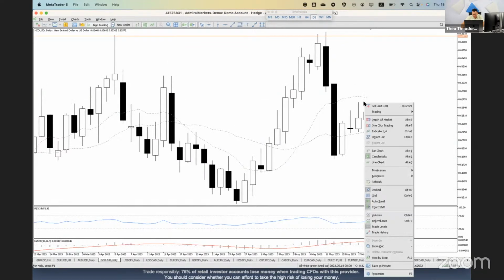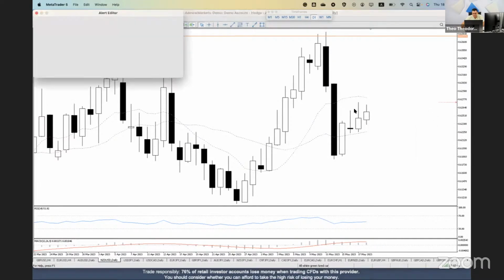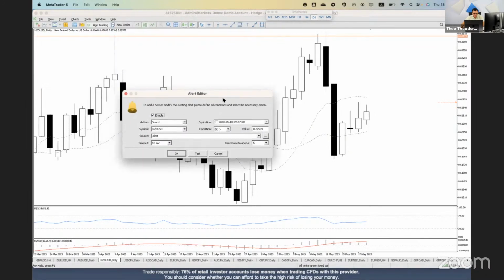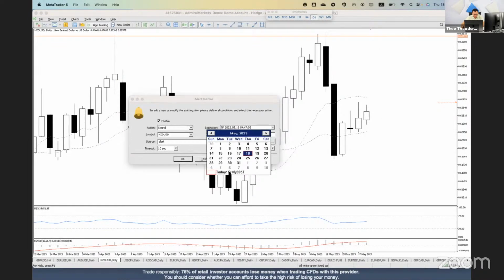I will right click there and I will create an alert. So if the price, here is the alert, and I will set up, of course, an expiry date today. Why I cannot change the time here?